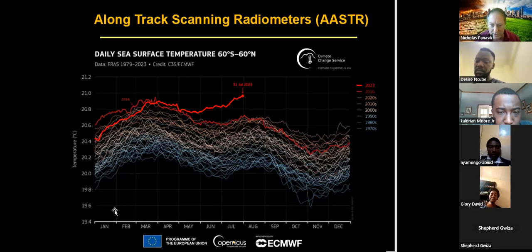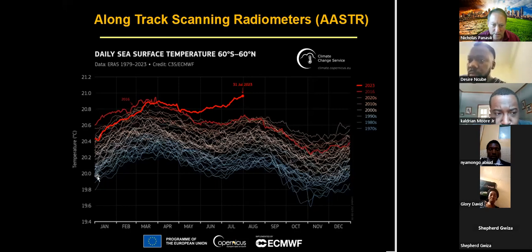Here's temperature. In the 1970s, those are shown as independent tracks in this darker blue color. In the 1980s, we go to a lighter blue color, and you see a number of tracks for that decade. You see tracks for the 2000s.